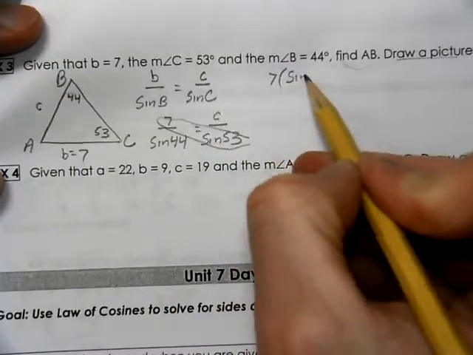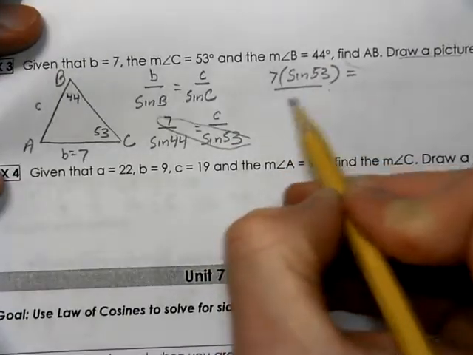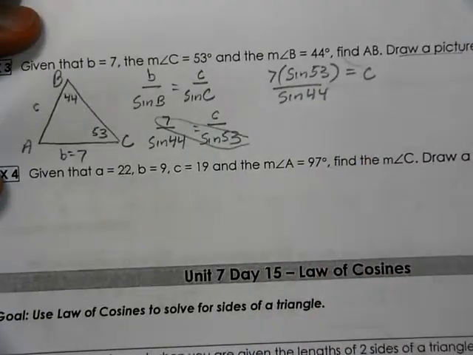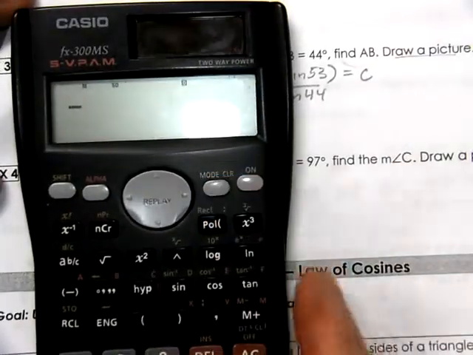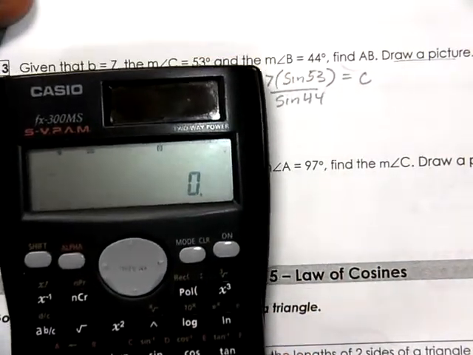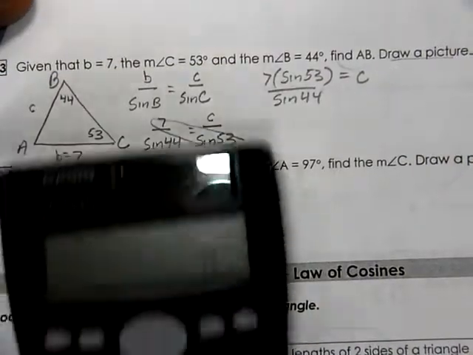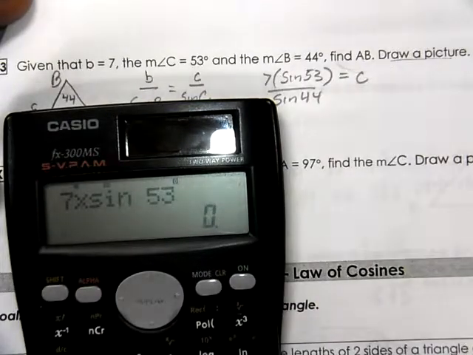So 7 times the sine of 53 divided by the sine of 44 equals side C. So we'll take our 7 times the sine of 53, and we're going to divide that by the sine of 44.